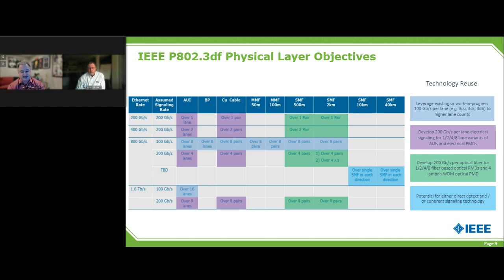We did this in the 802.3ba project that defined 40 and 100 gig, where we had 4 lanes of 10 gig, or 4 lanes of 25 gig, to give us that rate. That was basically what people were doing. Now, in the 802.3bs project, we grew that to 8 lanes, and as I've pointed out, that's how we're going to be getting to 800 gig in the near future, by doing 8 lanes of 100 gig.